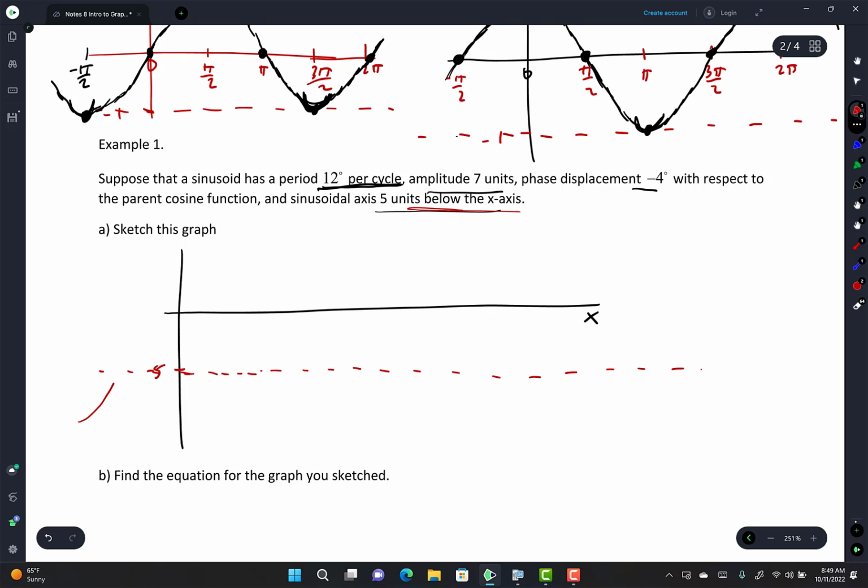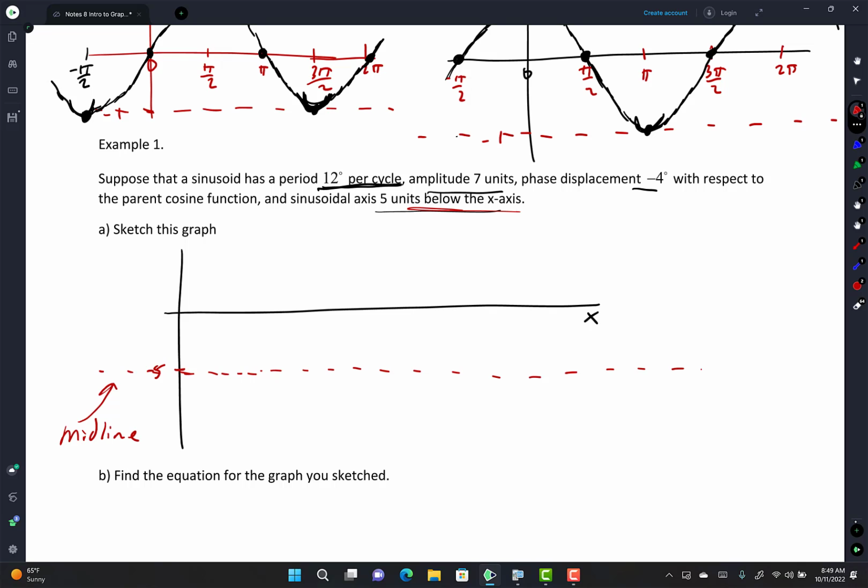So this is my midline, guys. Midline or sinusoidal axis, it's the same thing. It's the middle. I got half the wave above that red line and half the wave below that red line. Are we okay?